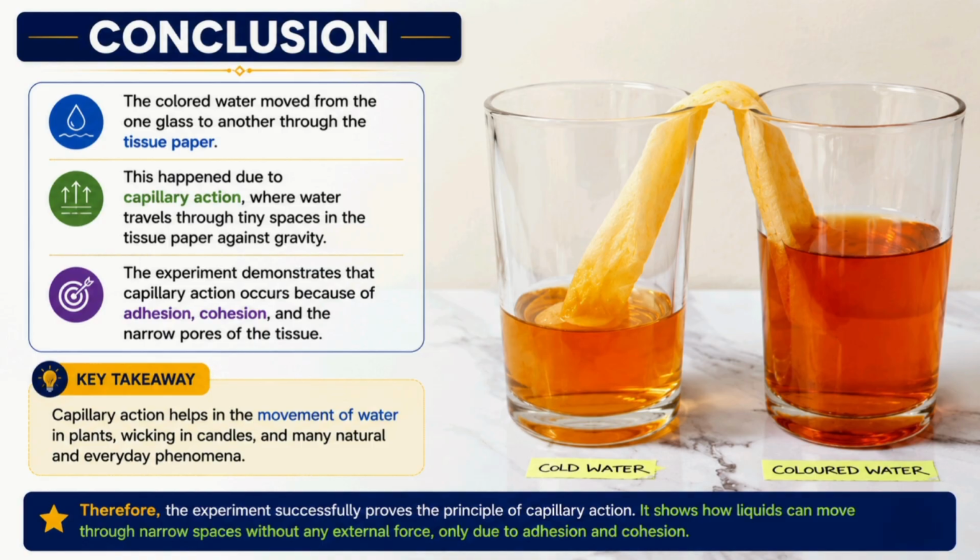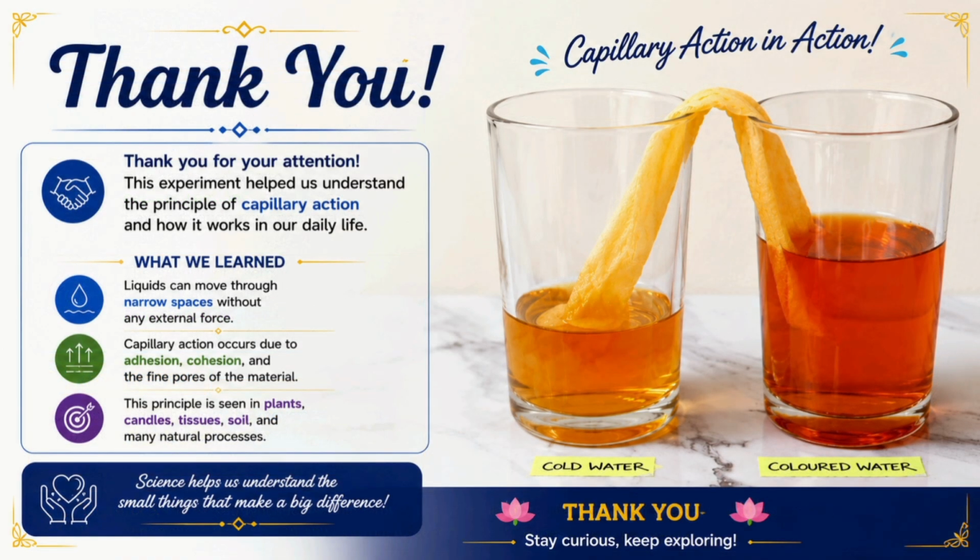Water moves through these spaces because of adhesion and cohesion, even against gravity. Capillary action plays a vital role in the pharmaceutical sciences, particularly in chromatography, drug dissolution, wound care products, and diagnostic devices. Thank you.